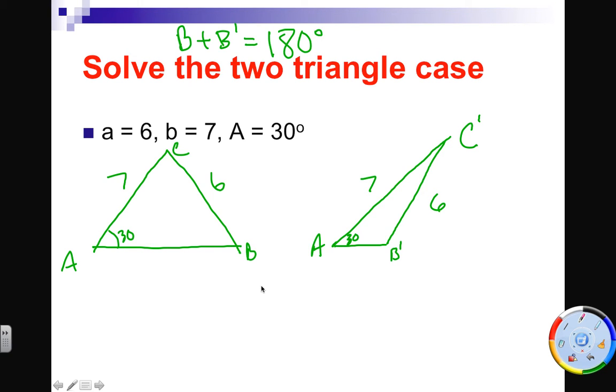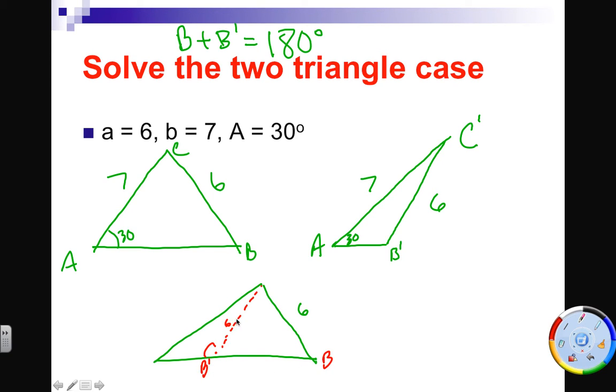Now here's the reason for that. If I was to draw this triangle a little bit better, maybe I'd draw it a little bit nicer here, and I had this 6. If I was able to swing this side over and create this new line right here, this is also 6. And this was angle B, and this angle here is B prime.